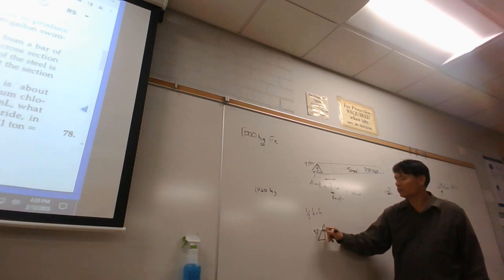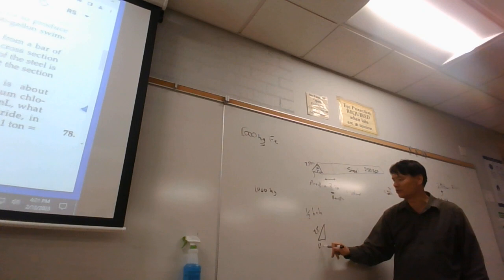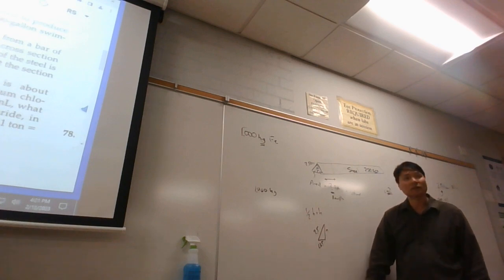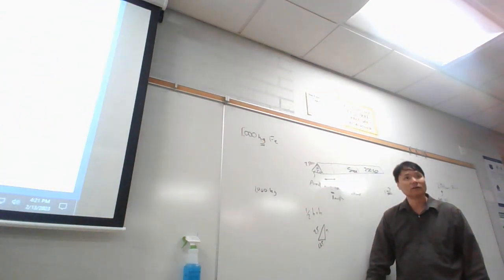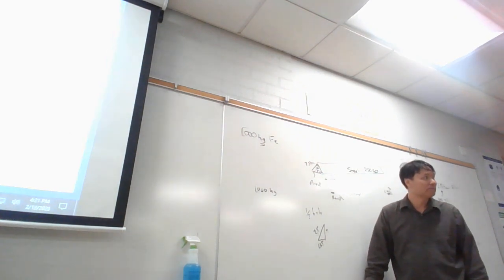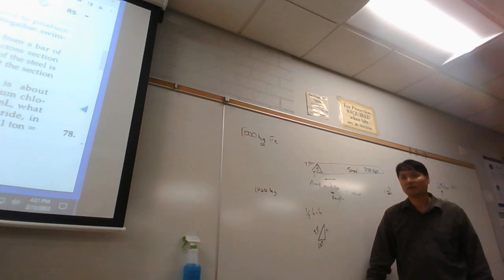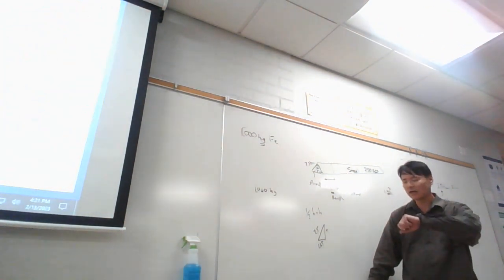This length is going to be 2.5. This will be half of that, which will be 1.25. And then, therefore, this length is going to be what? It's going to be off a little bit, but we're out of time.